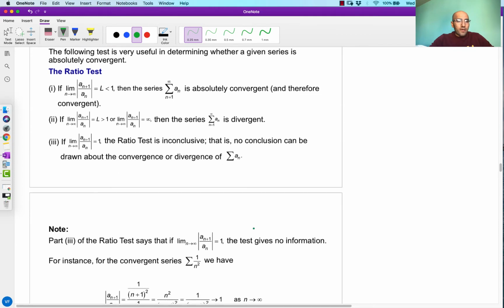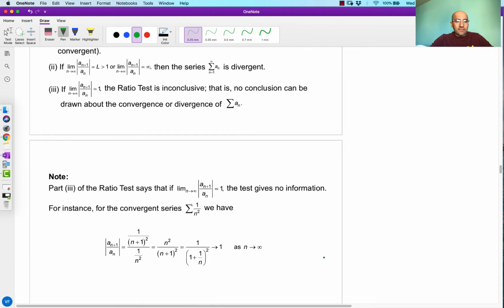Part 3 of the ratio test says that if the limit as n goes to infinity equals 1, the test gives no information. For instance, if we think about this one we've worked with a lot, this is the series of 1 over n squared as n goes from 1 to infinity.